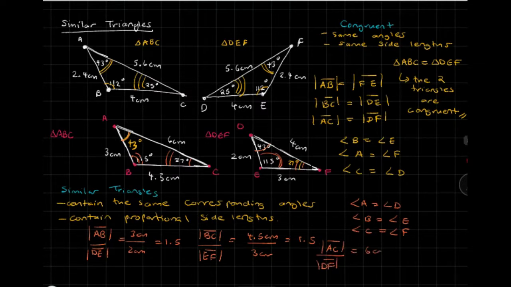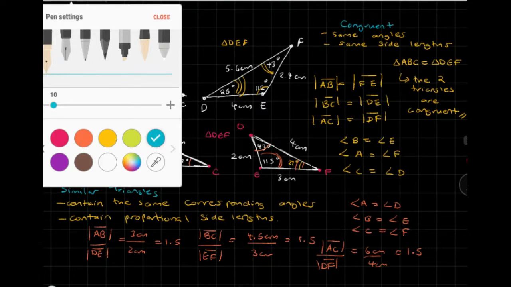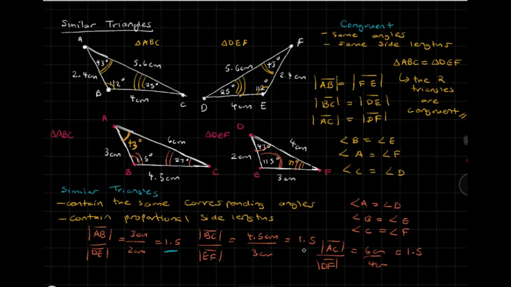You're going to get 6 centimeters over 4 centimeters, which is also 1.5. So you can notice that all of these sides are proportional by 1.5 times, from triangle DEF to ABC. So you can even say that 1.5 times triangle DEF is equal to triangle ABC.